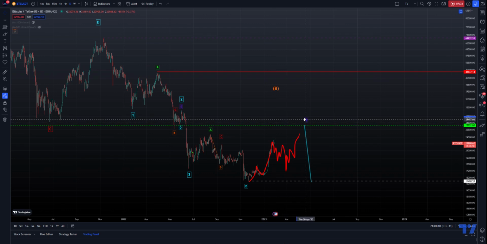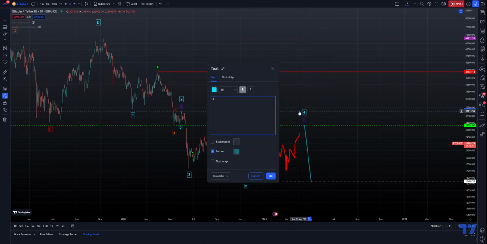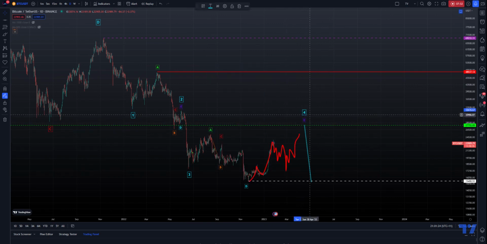All right. So yes, it is very possible that Bitcoin might not even go much lower. Now, another thing that kind of supports this view is that this level is around the same level as the top of the 2017 move, which is typically where expanded corrections fall back down toward.